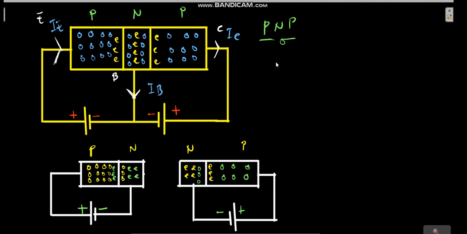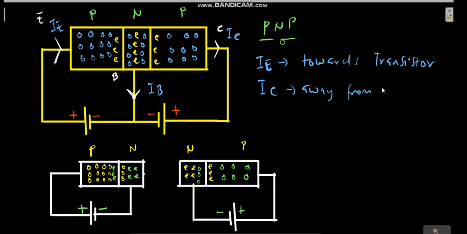In the PNP transistor, the emitter current, which is named IE, always moves towards the transistor, and then the collector current moves away from the transistor, and the base current, which is named IB, also moves away from the base. This is what you have now.